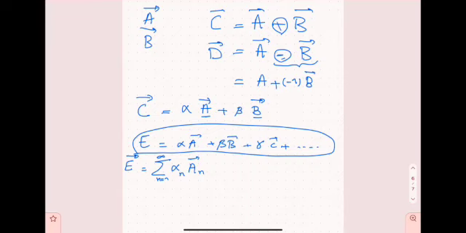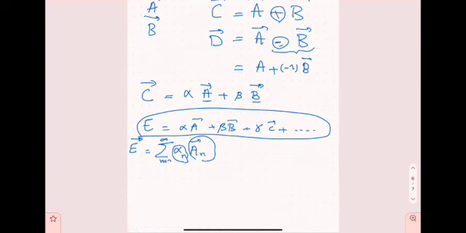Here I'm just saying we have an infinite number of vectors and we are adding them together. Each is a scalar multiplied by a vector, and at the end we sum them all up together.